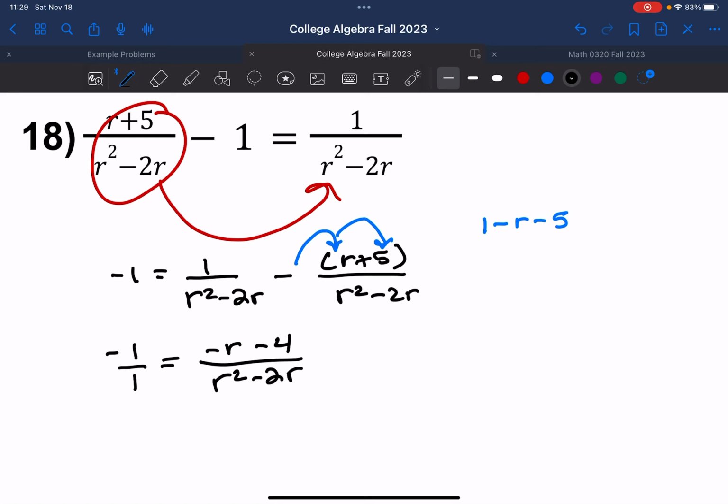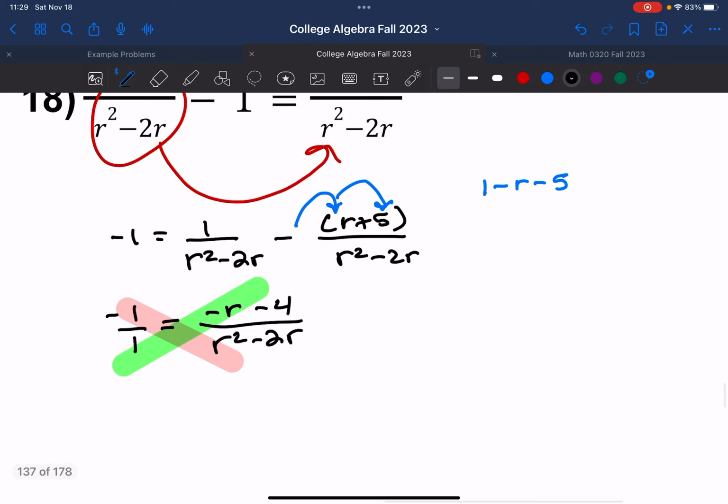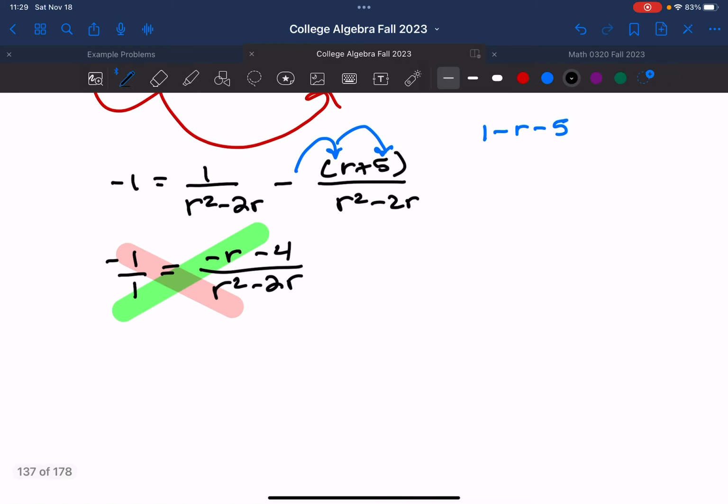Then we're going to cross multiply. So we have negative 1 times r squared minus 2r is equal to 1 times negative r minus 4.